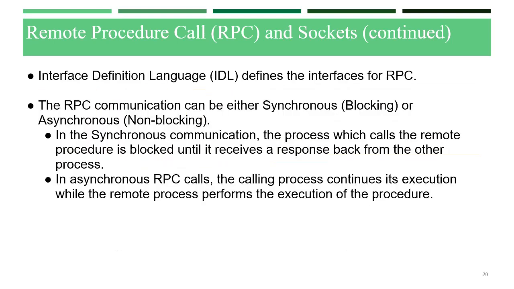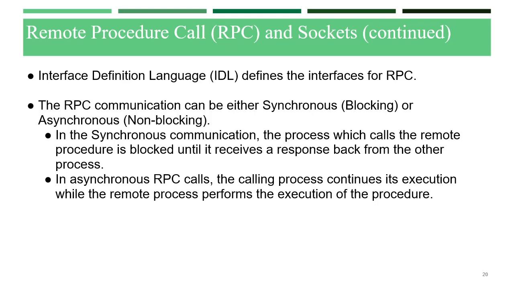It is possible to implement remote procedure call communication with different invocation interfaces. Interface definition language, IDL, defines the interfaces for this RPC. The RPC communication can be either synchronous or asynchronous. Synchronous we also call blocking, asynchronous non-blocking.